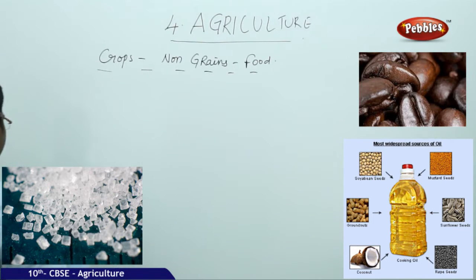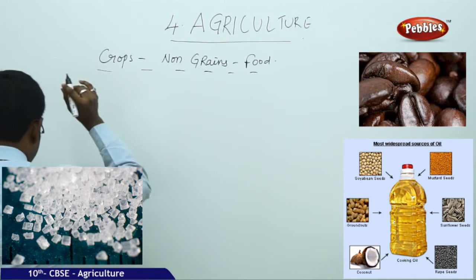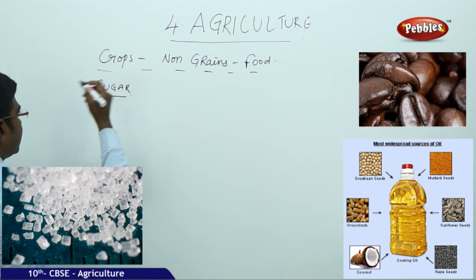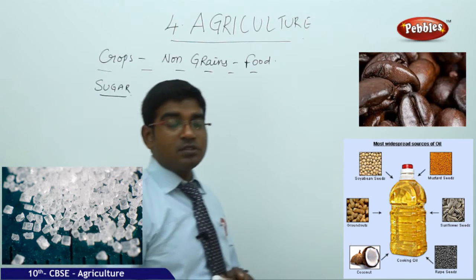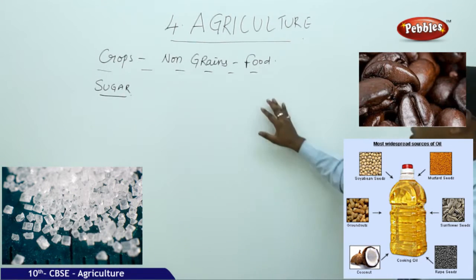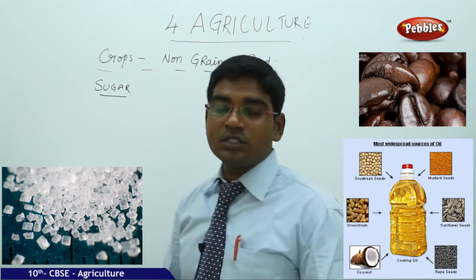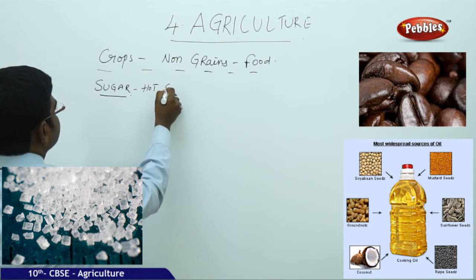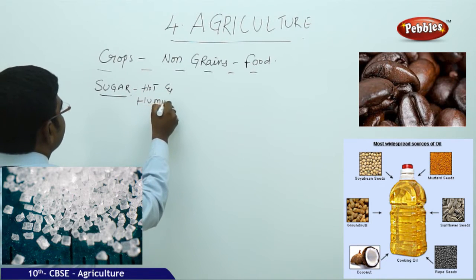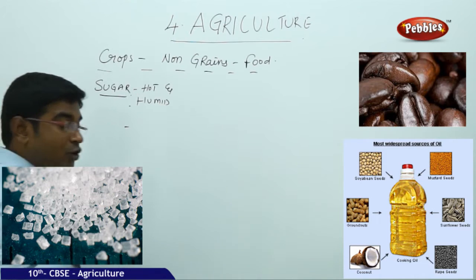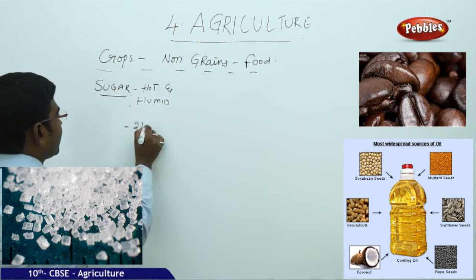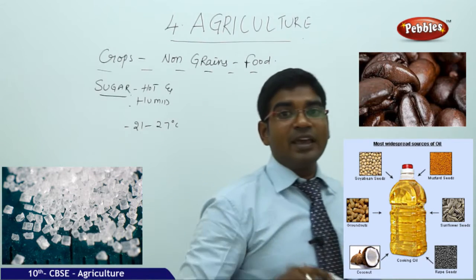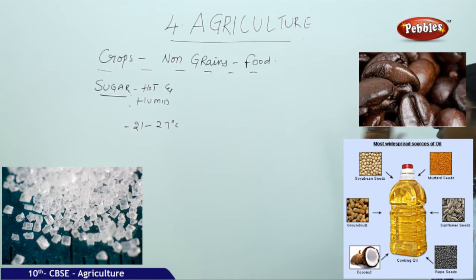In India, the first food non-grain crop is sugar. For the production of sugar, you need a hot and humid climatic condition, and temperatures ranging from 21 to 27 degrees Celsius, which means average hot temperatures in India.